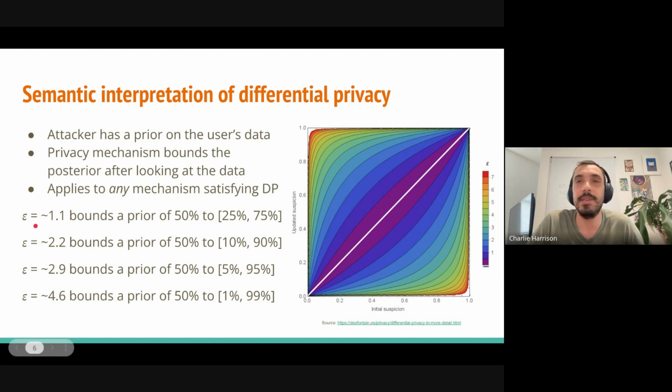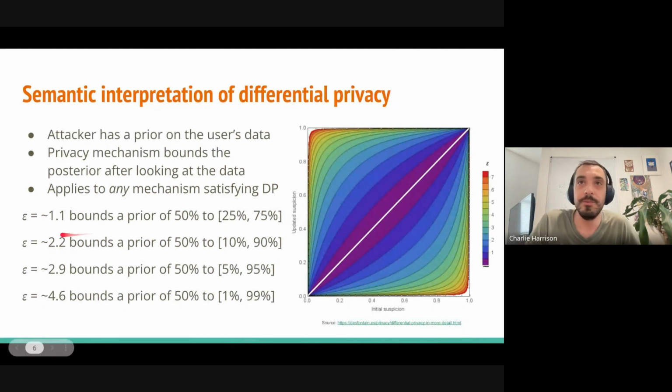And there are a few simple values of epsilon. If epsilon is 1.1, and your adversary was 50-50 on whether you did the thing, it will be updated to 25% or 75%. You know, whether you have cancer or whether your system is in a high entropy state, whatever.